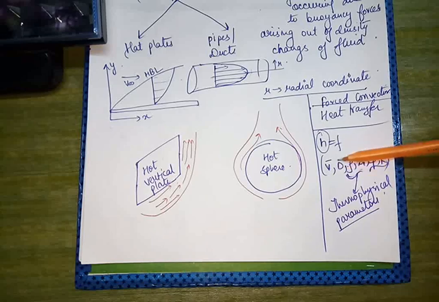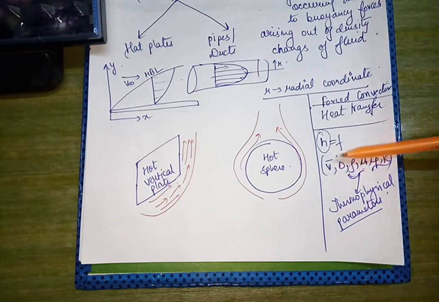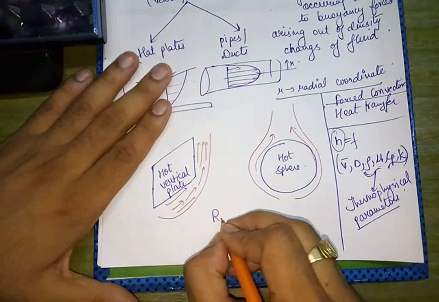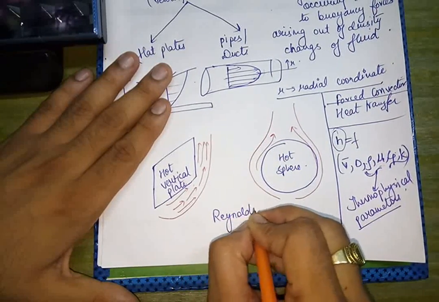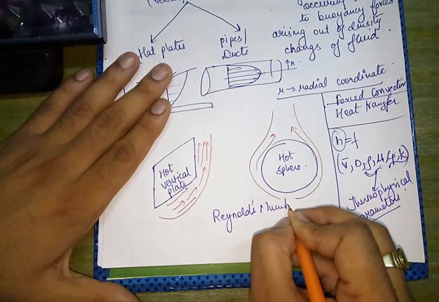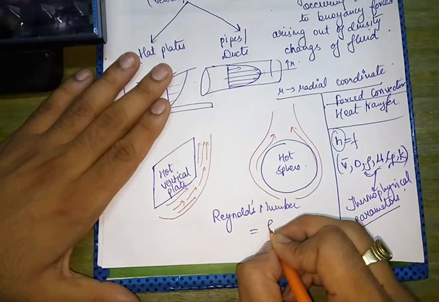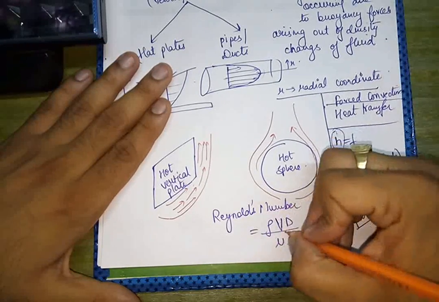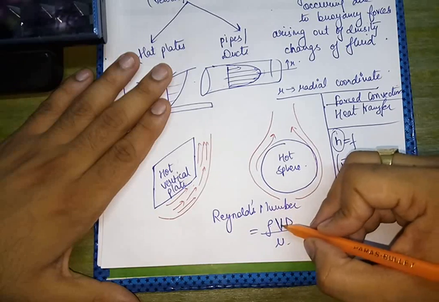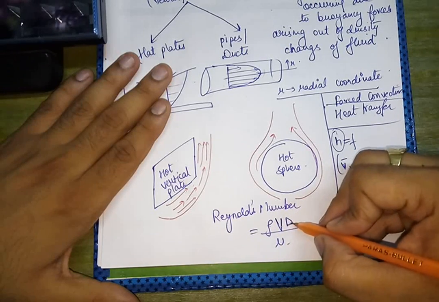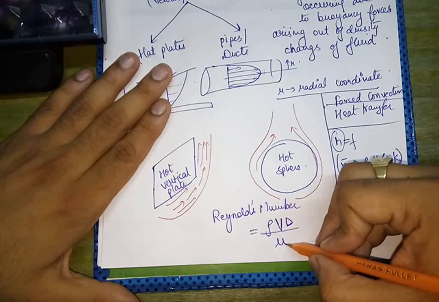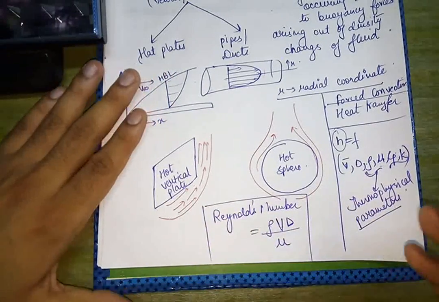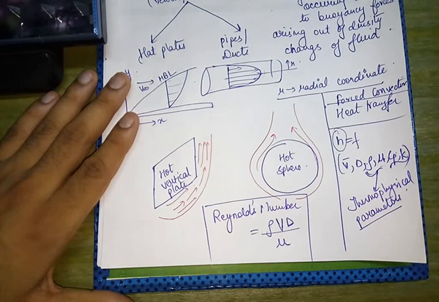I am directly writing one result that is obtained from the Buckingham pi theorem: the Reynolds number equals rho Vd upon mu, where rho is the density, V is the velocity, D is the characteristic dimension, and mu is the viscosity.